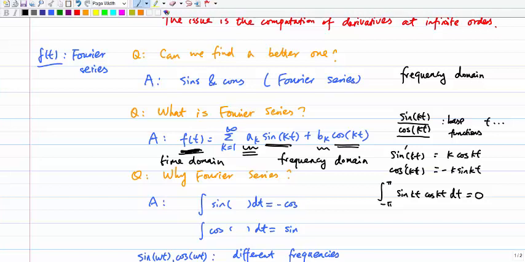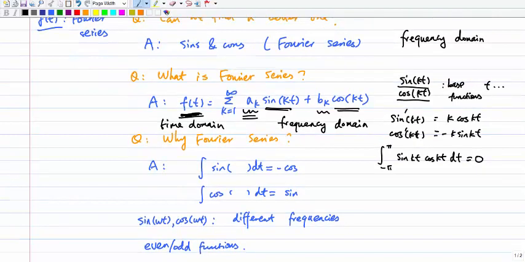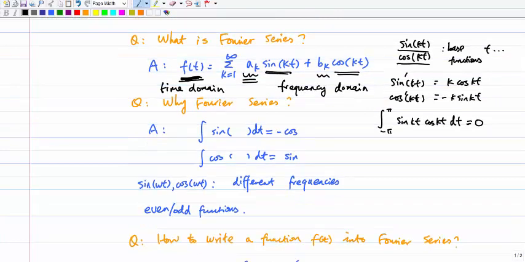I just talked briefly about why we do the Fourier series. First of all, sine and cosine have very nice properties we can use. The derivative or integral of sine will just become cosine, and that of cosine will become sine, of course with a negative or positive sign. Also, like I mentioned before, sine and cosine represent different frequencies in the frequency domain.